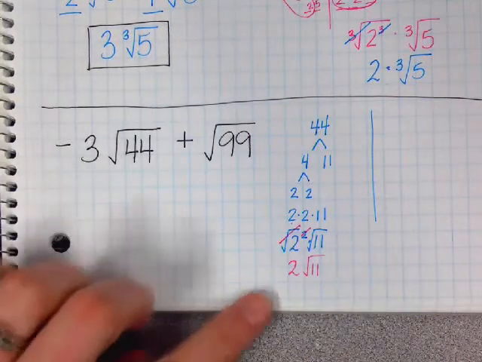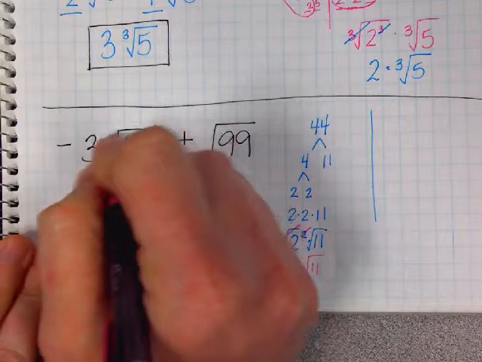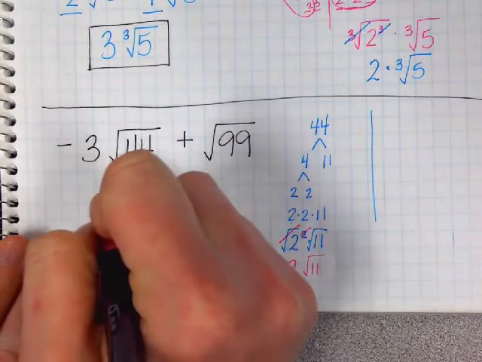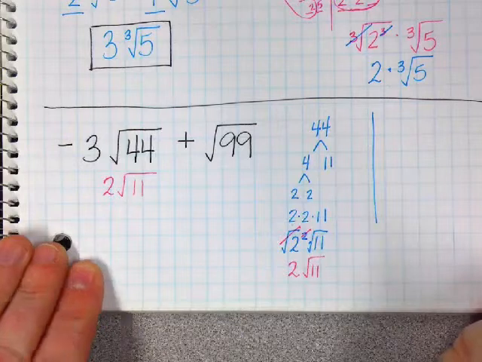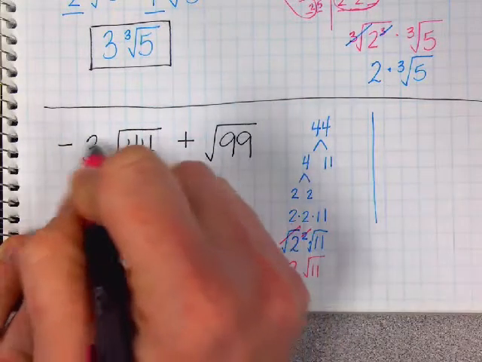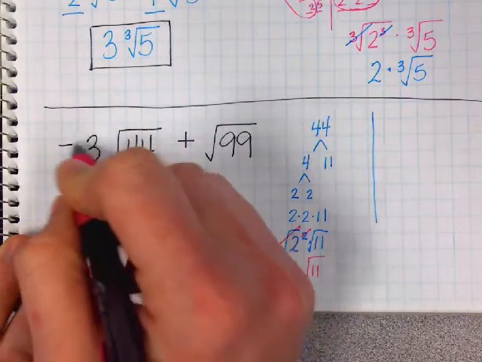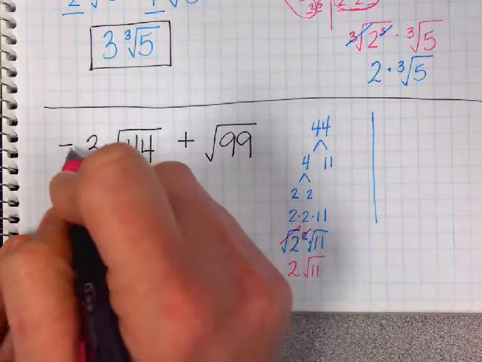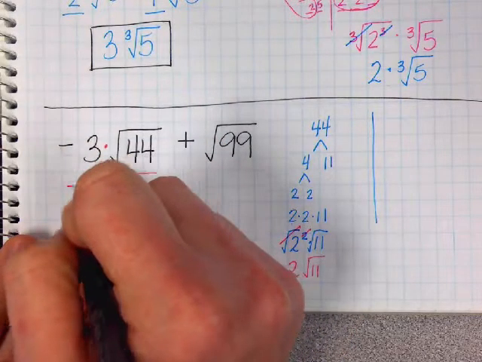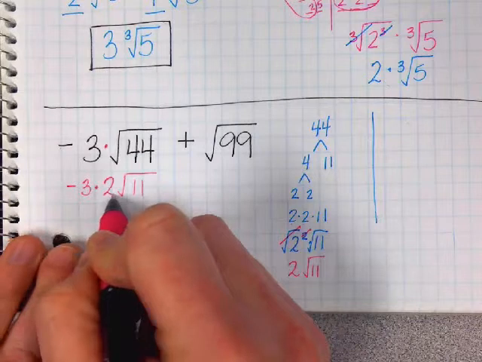So we would actually have this information simplified to be 2 square root of 11. Well, we already had a negative 3, so it's a negative 3 times the square root of 44. So I'm going to do negative 3 times 2.